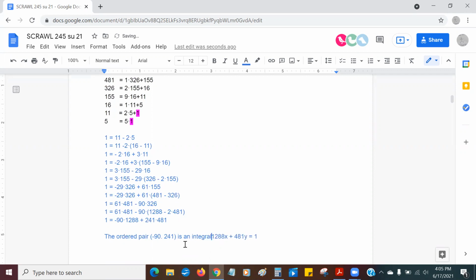I don't mean integral like a calculus integral. I mean integral like an integer. Is an integral solution.